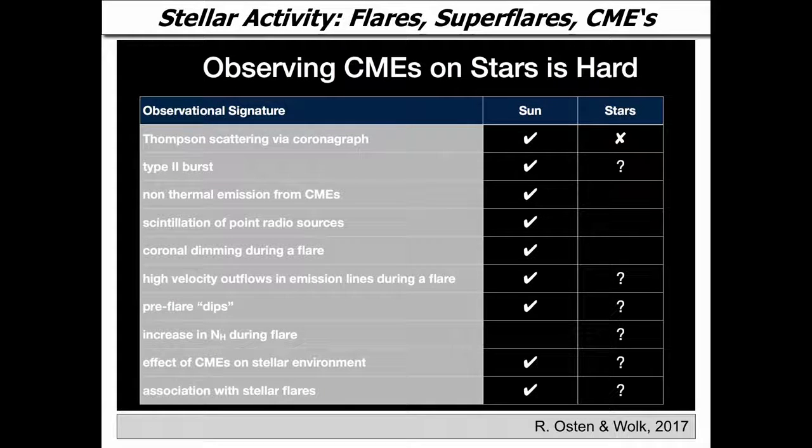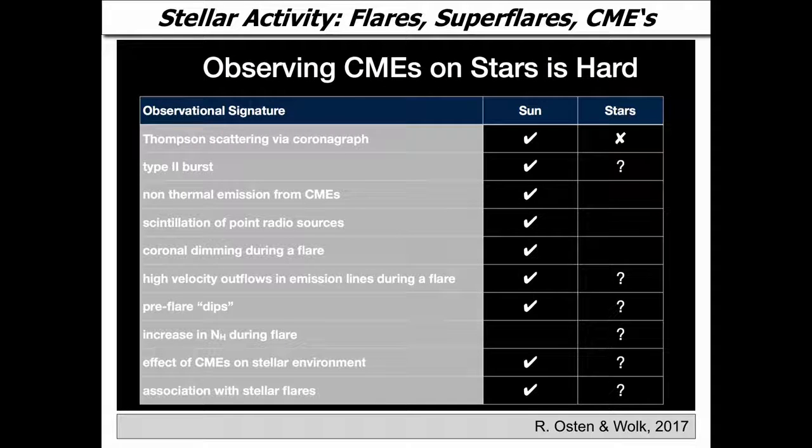There have been several attempts, but no detection so far. Non-thermal emission, scintillation of point radio sources, and so on. So a lot of detection methods that are possible and more or less easy for the Sun, it was not possible yet to do it for stars. So we don't know how stars behave in terms of CMEs yet.